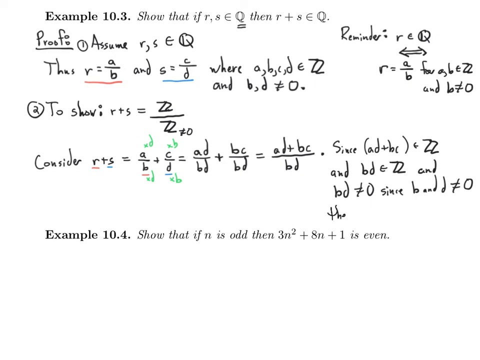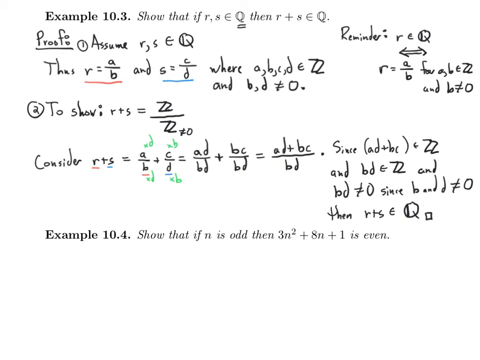Then we have that we've written r plus s as an integer over a non-zero integer. So then r plus s, that's the definition of being a rational number. So r plus s is indeed a rational number.